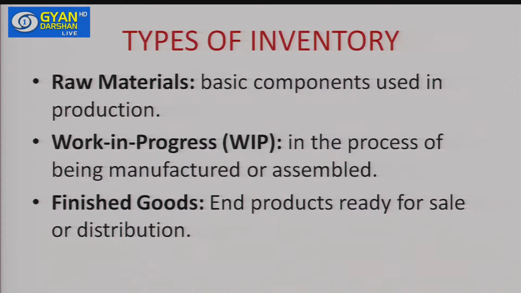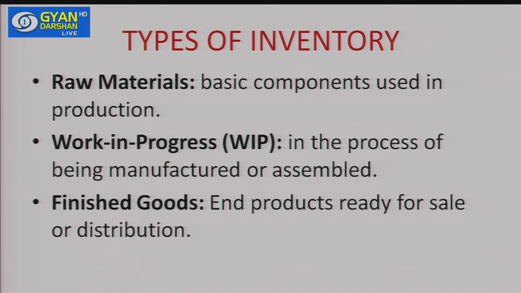Now, the second thing I want to remind you is that there are various types of inventories, just like raw materials. These are the basic components required for production. The second type of inventory is work in process.